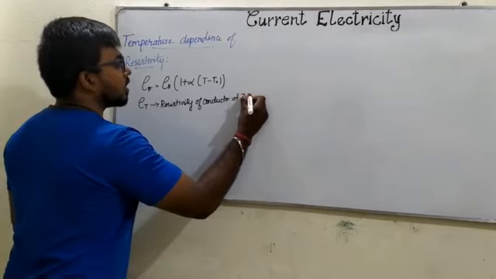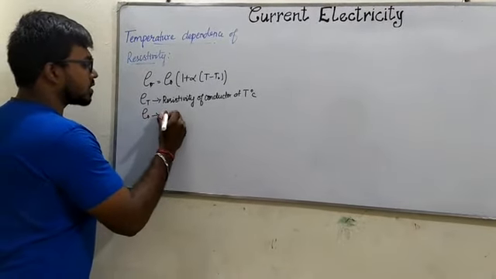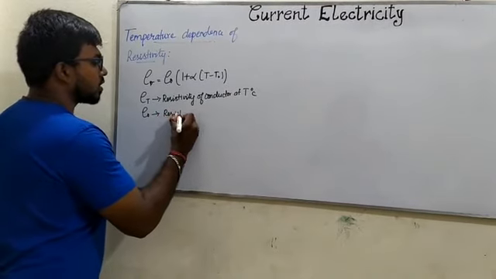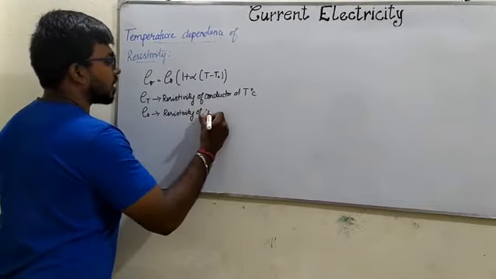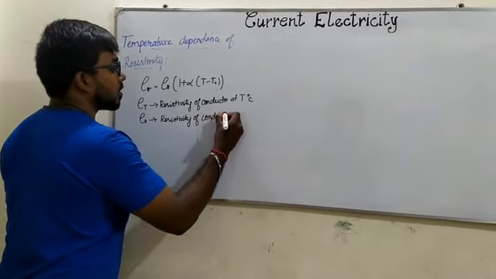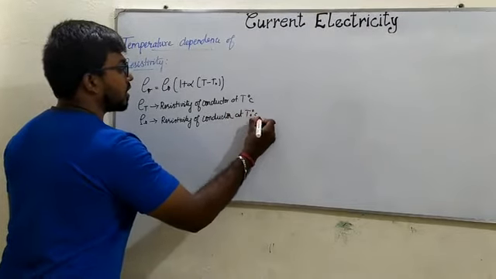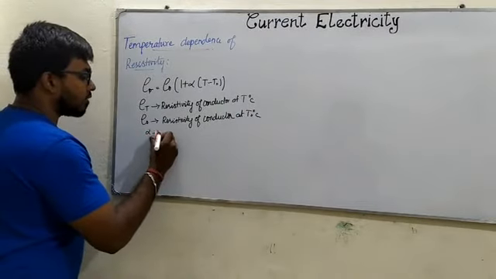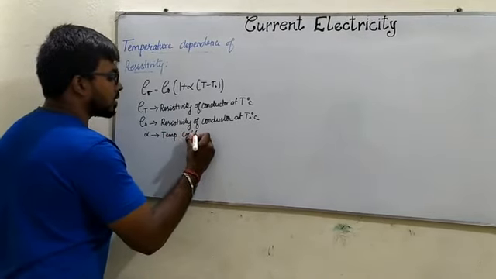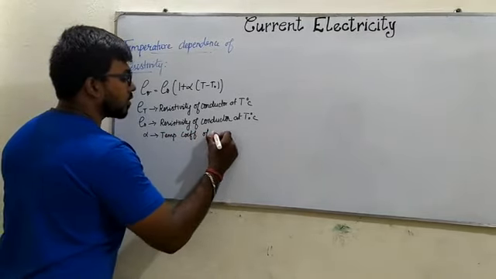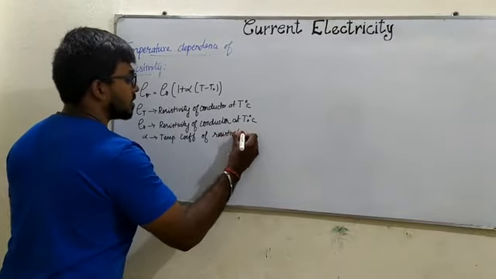at T degree Celsius, rho naught is the resistivity of the conductor at T naught degree Celsius, and alpha is the temperature coefficient of resistivity.